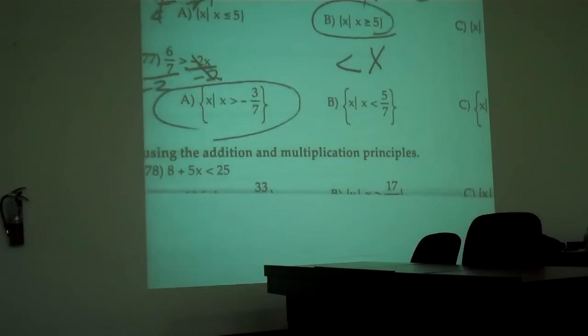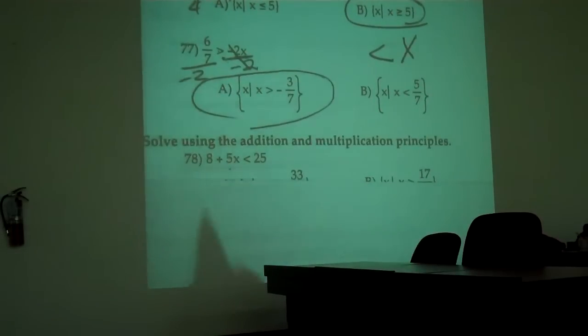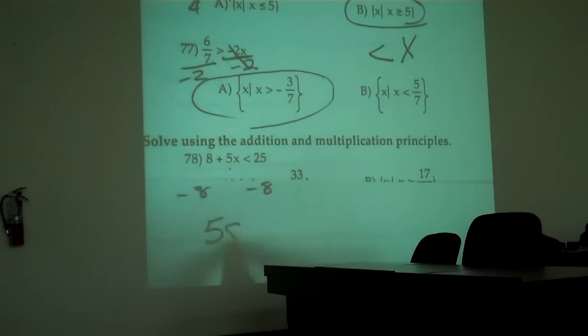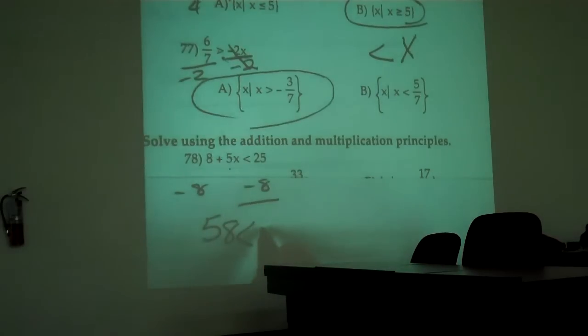And number 78. To leave the 5x there, you need to subtract 8, right? So you have 5x still on that side, 25 minus 8, 17, right? Oops, I put 5/8 instead of 5x.